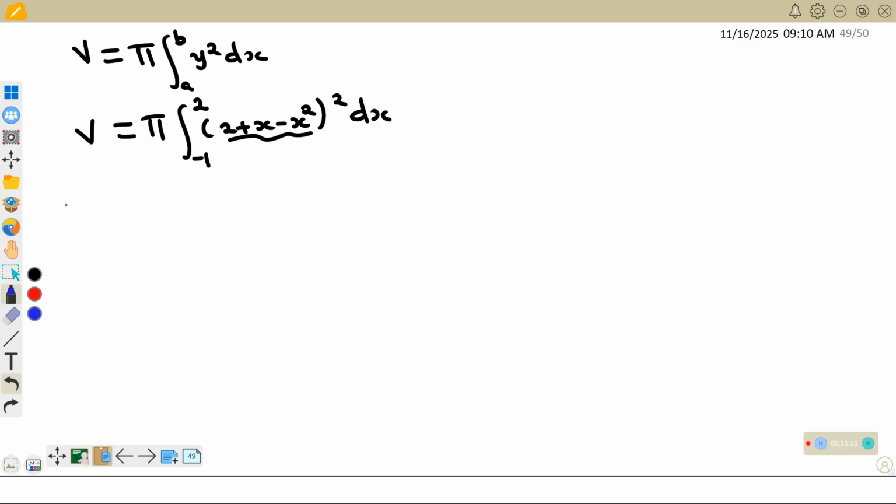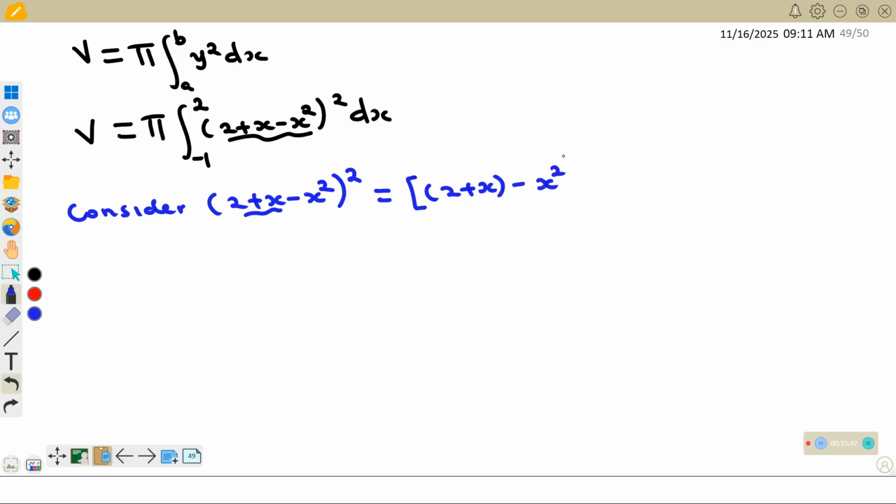So let us consider first 2 plus x minus x squared, the whole squared. We can group this as 2 plus x, then minus x squared, but the whole of this is squared.